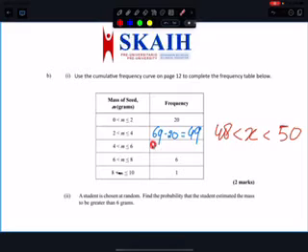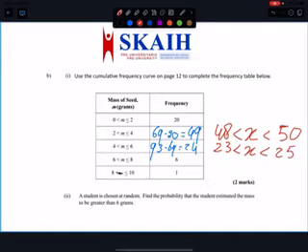So 93 subtract that 69. Your answer should be 24. The answer should be 24. That is the correct answer. If you had anywhere between 23 to 25, I shall give you the points.